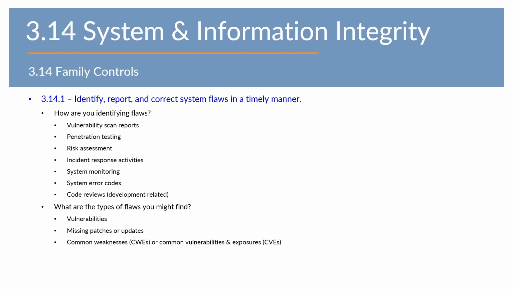So there's a wide variety of what constitutes a system flaw. But at the bottom, you'll see there's 3 typical ones that are the easiest way to bundle this together. There would be vulnerabilities that you find, any missing patches or updates, any common weaknesses or common vulnerabilities and exposures, CVEs. CVEs are probably the most common of any of these.